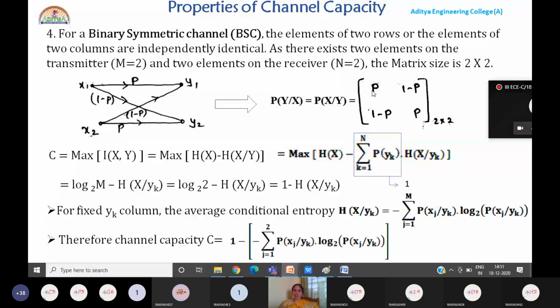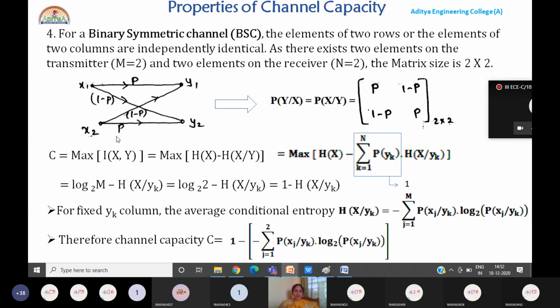First row consists of P as the first element and 1 minus P as the second element. Why have I written it like this? Because the first element is X1 Y1. First row second element is X1 Y2. And second row first element is X2 Y1. So X2 Y1 probability is 1 minus P, so I have written it here.